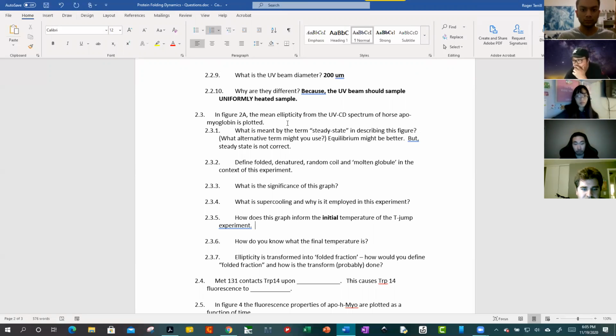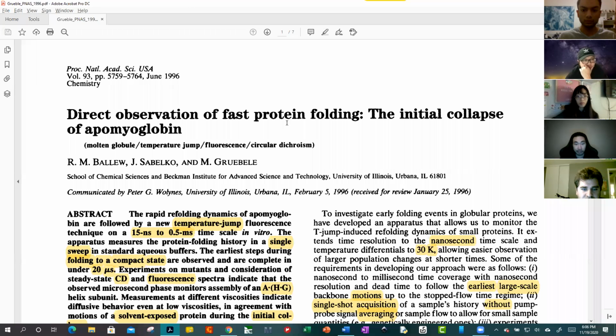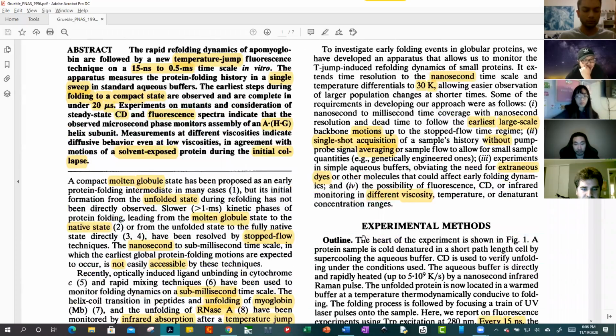So we talked about that last time, so that's not a huge deal. And we talked about why you make a 2 millimeter hotspot with the YAG laser, and then you sample, and then you excite with a UV beam of 200 microns. Now let's talk real briefly about what the UV beam diameter was.